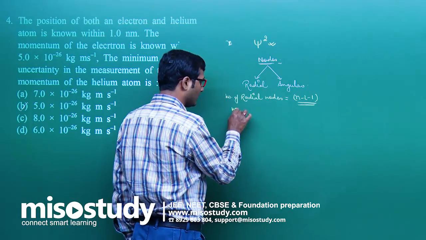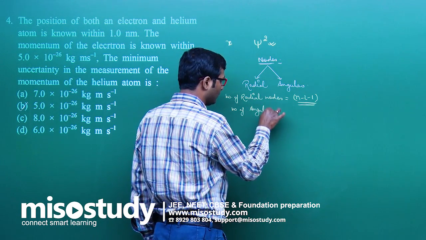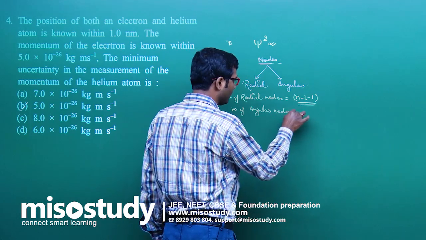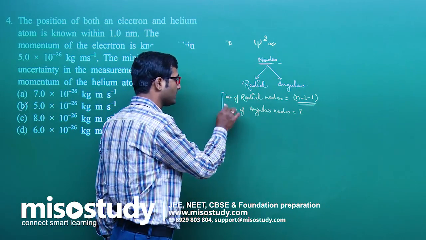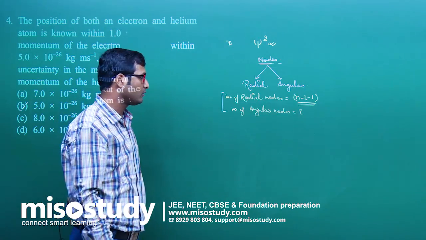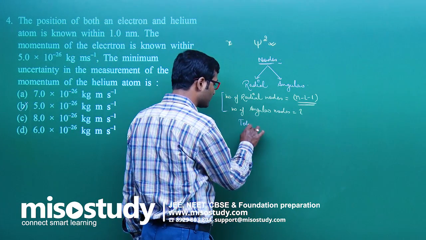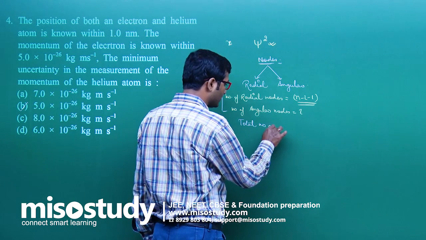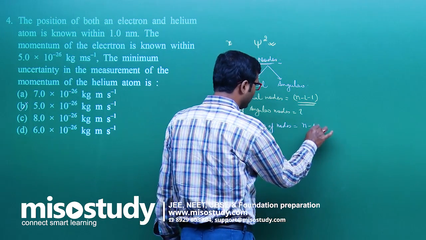And what is the number of angular nodes? Angular nodes will be equal to l. Again I am repeating, number of radial nodes is equal to n minus l minus 1, and number of angular nodes will be equal to l. And the total number of nodes will be equal to n minus 1.